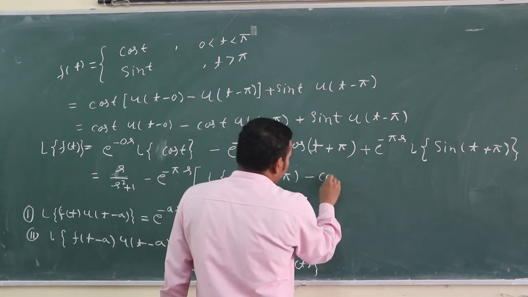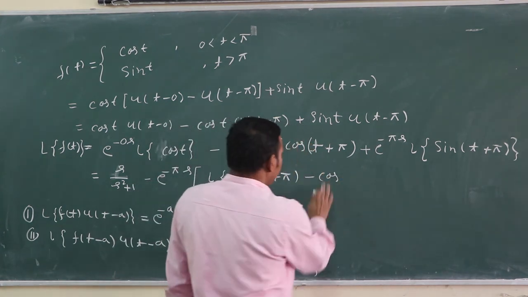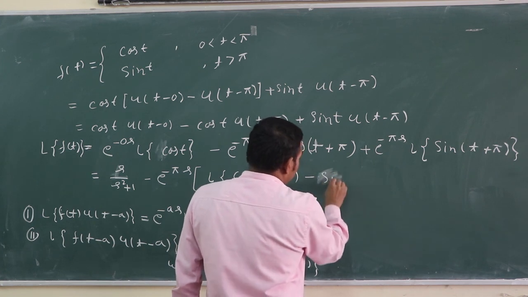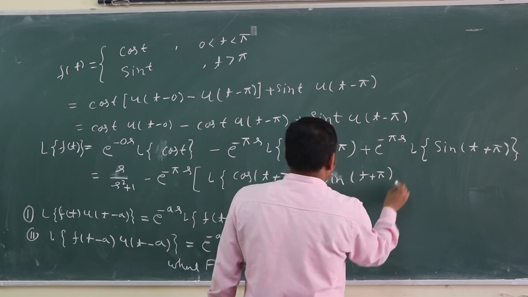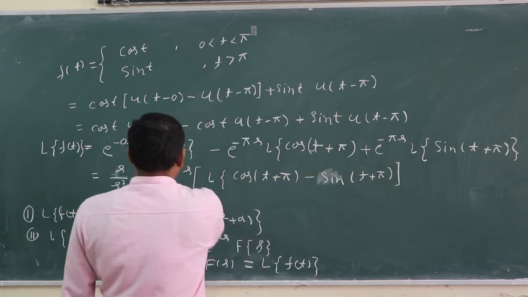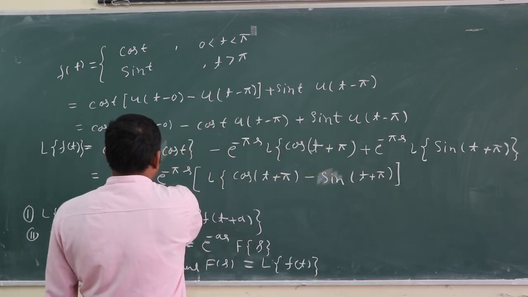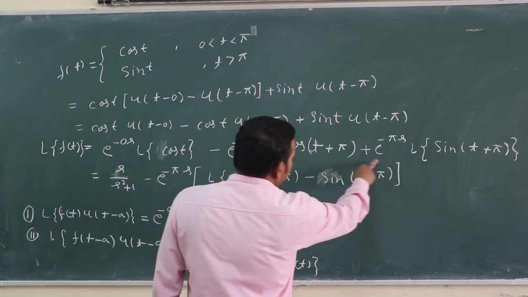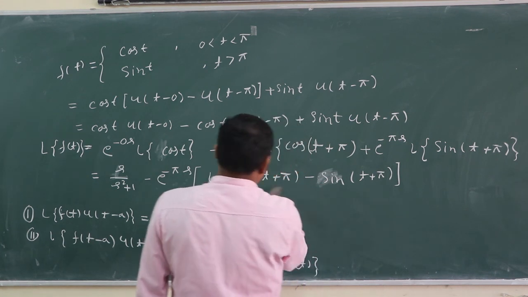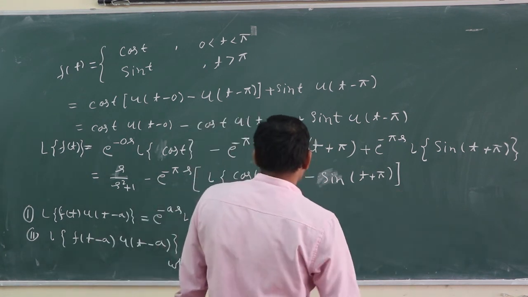minus sin(t plus pi) with e to the power minus pi s taken outside, so cos(t plus pi) minus sin(t plus pi).